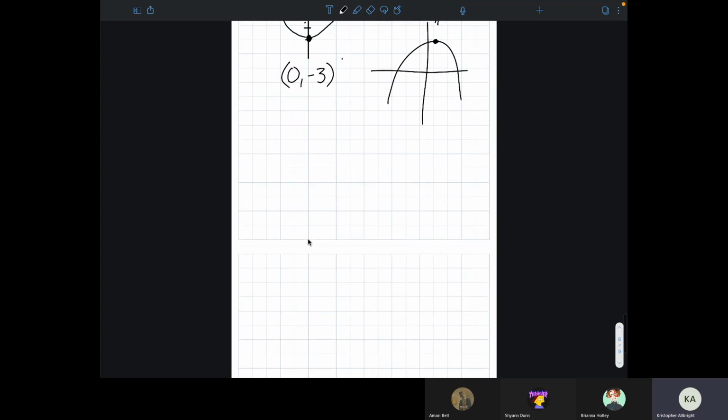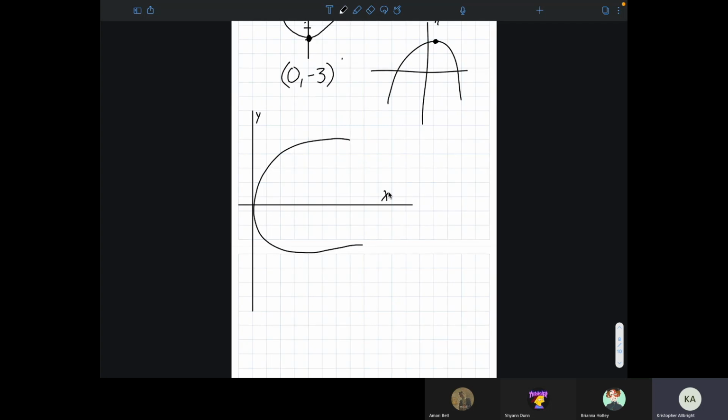So if we had something that instead of like that looked like this, and we had our x-axis and our y-axis here, then our axis of symmetry is no longer our y-axis, it's now our x-axis. Same thing, because we just put the mirror down, we laid it down, and we look into it, and it looks the same on both sides. So these are things about quadratic functions that you're going to need to identify.